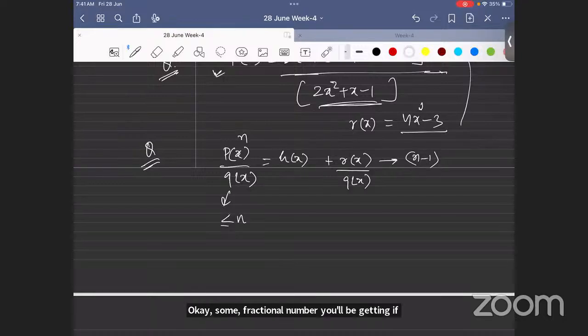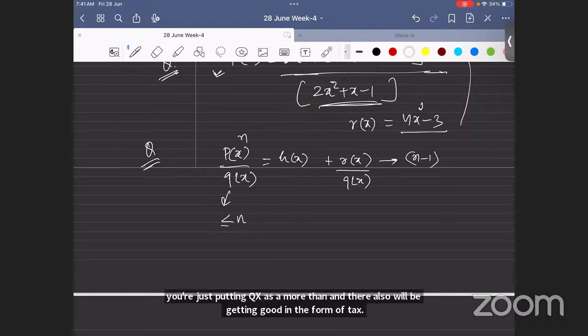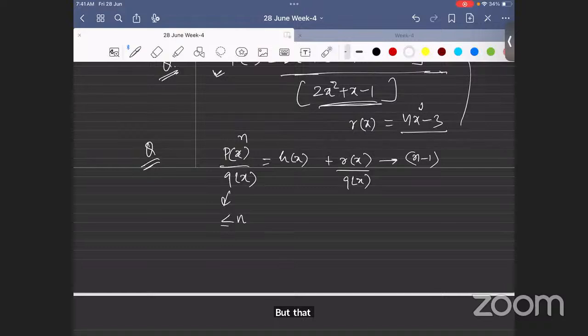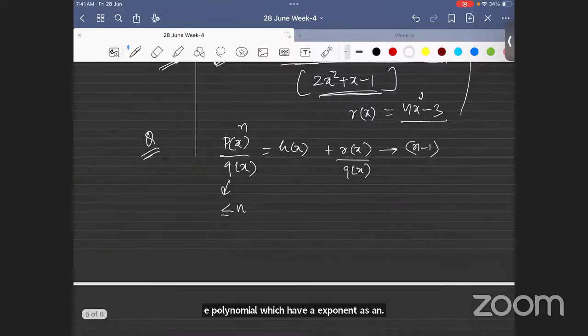There also you'll get it, but in the form of a fraction. But we are not dealing with that. We are just dealing with polynomials which have exponents as natural numbers. So here also, if you're dividing Px and Qx, the degree of Qx should be less than or equal to n if n is the degree of Px. Okay, and can somebody tell me why the Rx should be n minus 1?